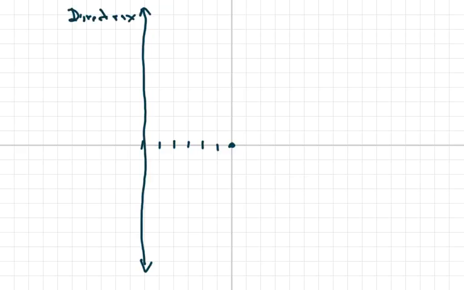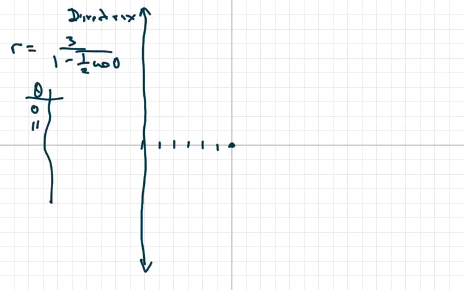Alright, and then to find your points, you're going to plug in everything. So our equation is r equals 3 over 1 minus 1/2 cos of theta. Now, when I plug in my table of values, so I put 0, pi over 2, pi, and 3 pi over 2, I'm going to figure out where I'm at.